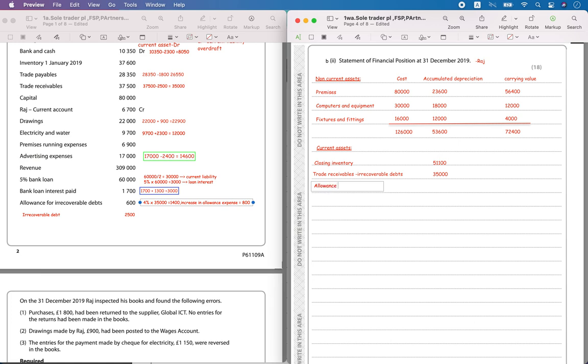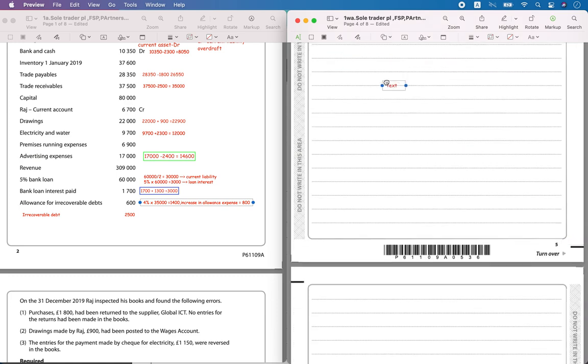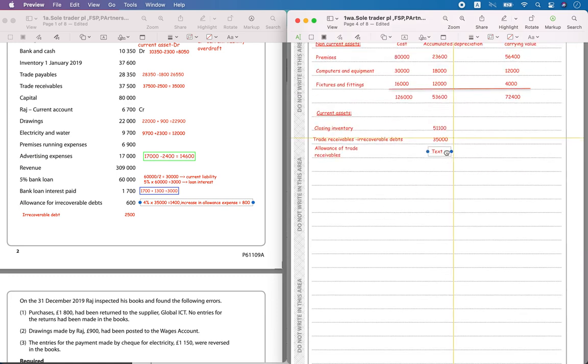So we have to subtract. Let's put allowance for irrecoverable debts. That will be around 1,400, which I have to subtract.